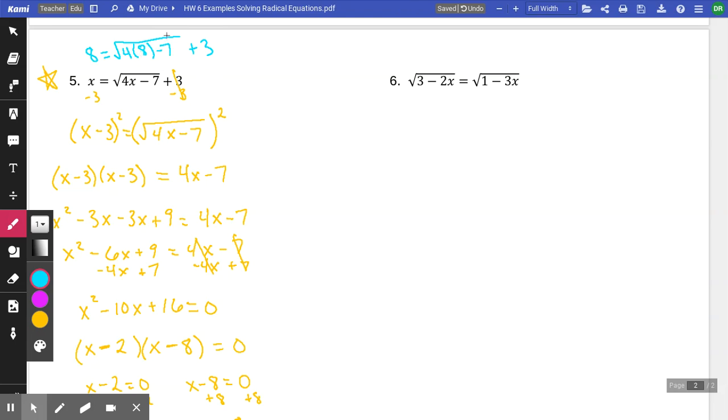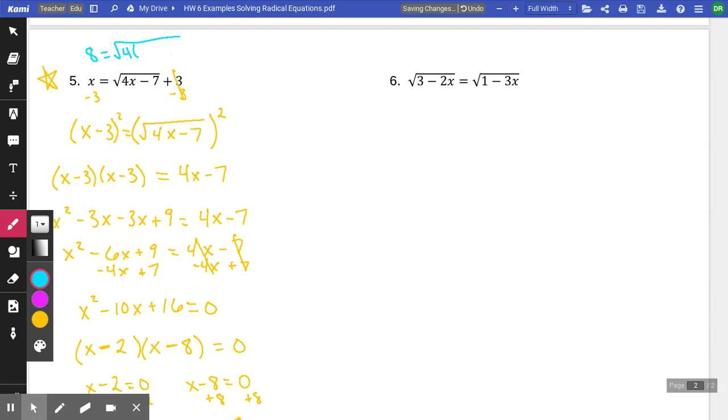The square root of 25 is just 5, plus 3. 5 plus 3 is 8, which is what the equation is equal to. So this answer of 8 seems to be working. We're getting a true statement after using that solution. So 8 is a keeper, 2 has to go.